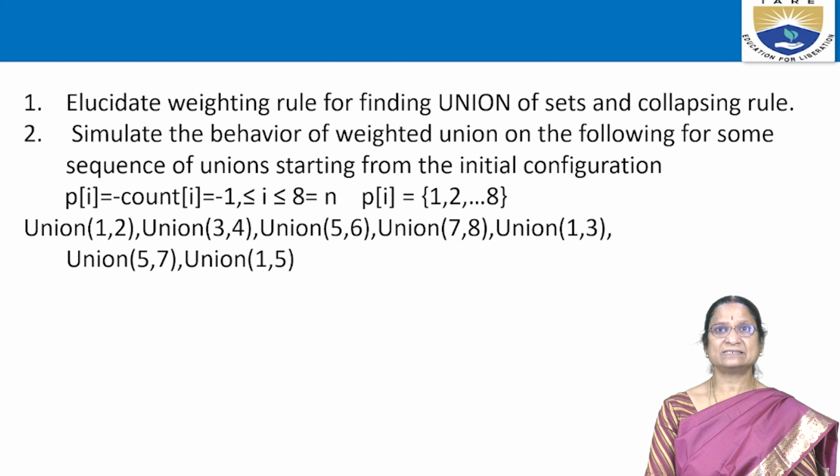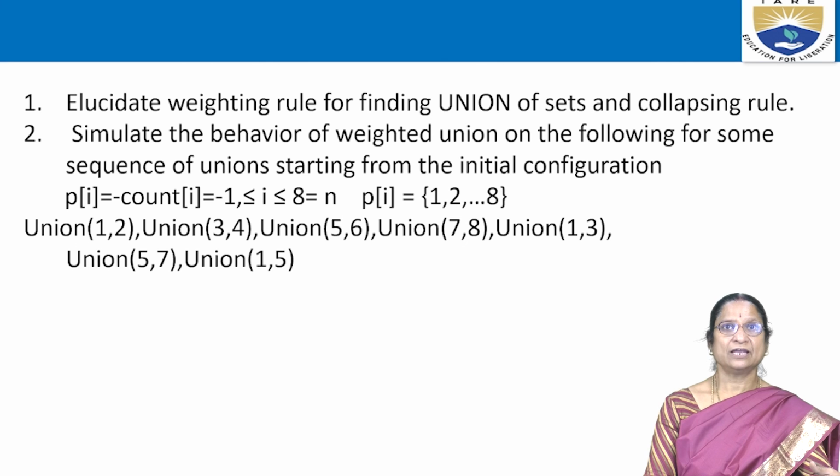So we will use this collapse find algorithm. By using the collapse rule, we can reduce the height of the tree. That means the weighting rule for union of the sets and the collapsing rule for find simulate the behavior of the weighted union on various sequences of elements.